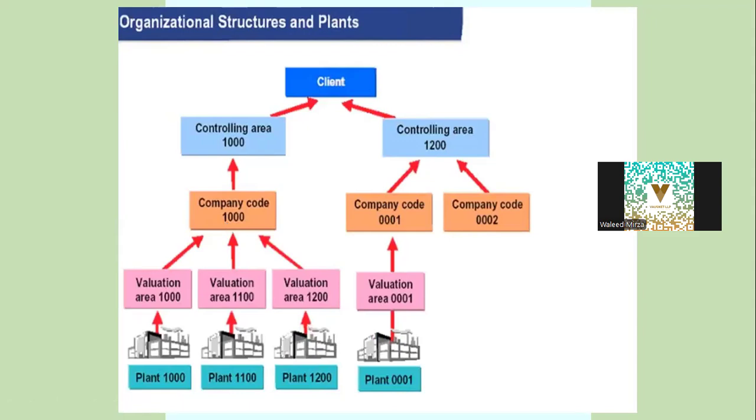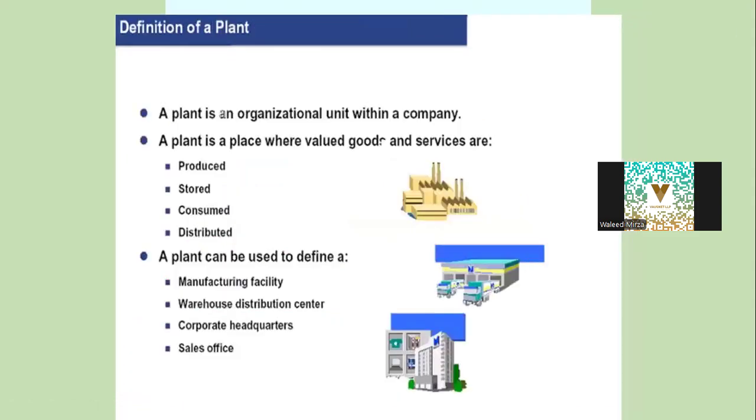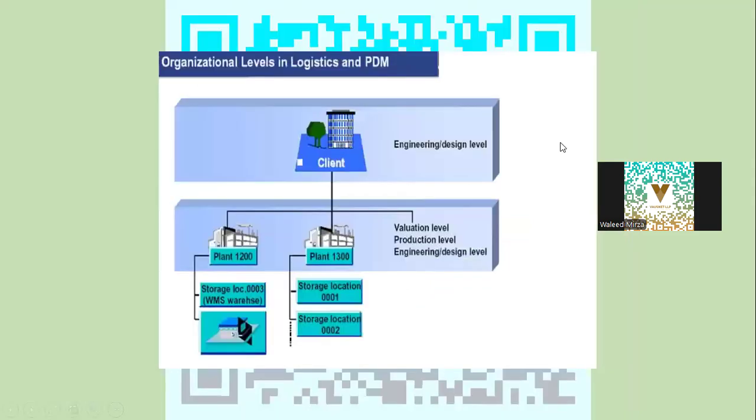So we have two controlling areas. Why do we have different ones? There is an explanation, but we'll discuss that later. A plant is where the stock is created, stored, manufactured, procured, and transported to and from, and it can be a distribution center also.